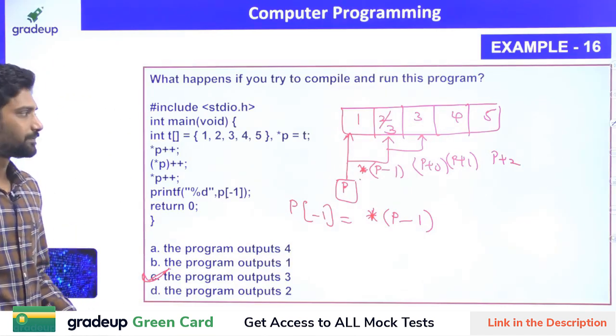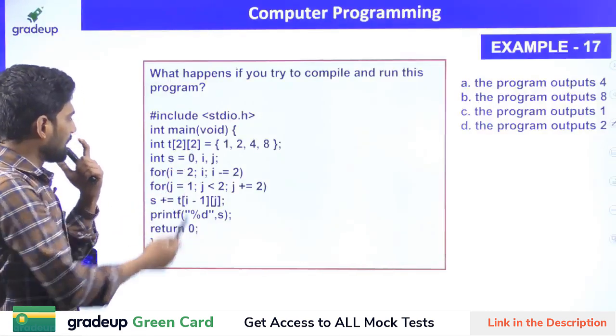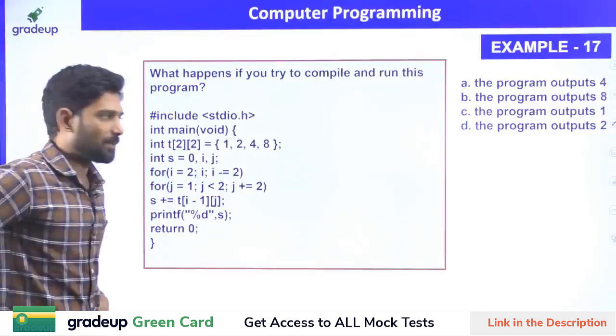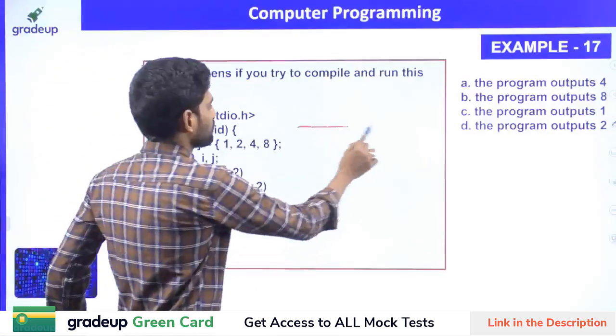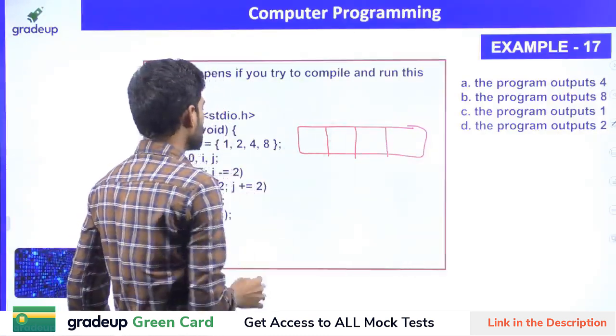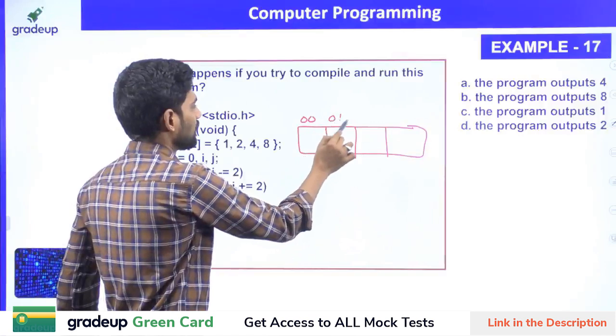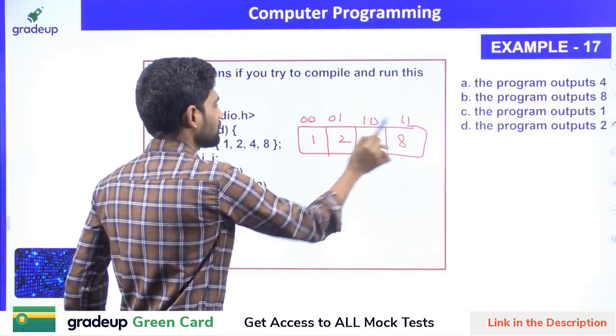Next one. int t[2][2], so it is a 2D array. Four elements total: 0 0, 0 1, 1 0, 1 1, and the values are 1, 2, 4, 8.